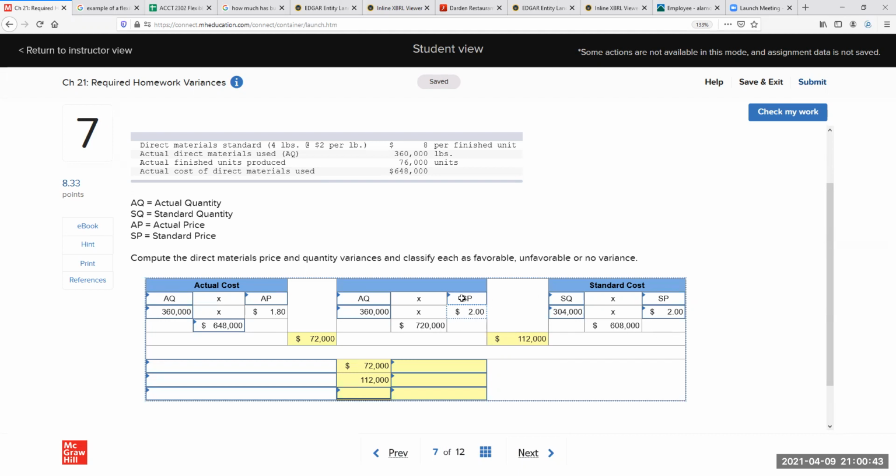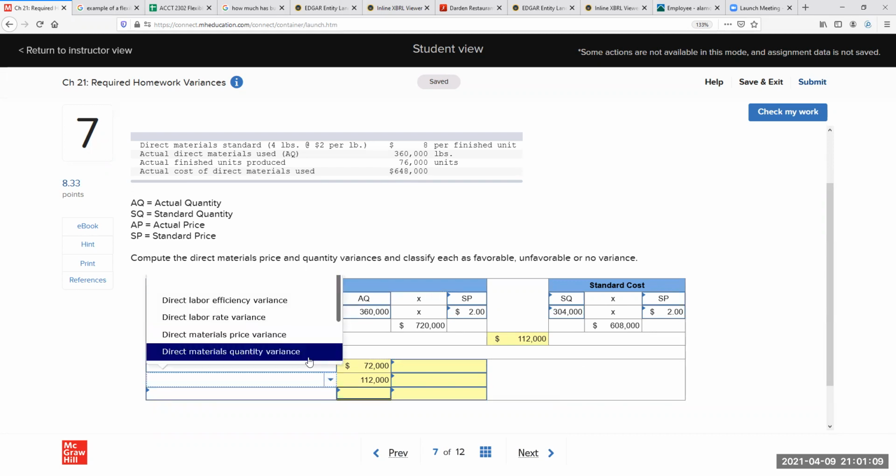So look what you're comparing here though. Actual quantity to standard quantity. You're comparing the quantity if they use too much because the price is being held constant at $2. So between this number and this number, what are you comparing? The quantity variance.